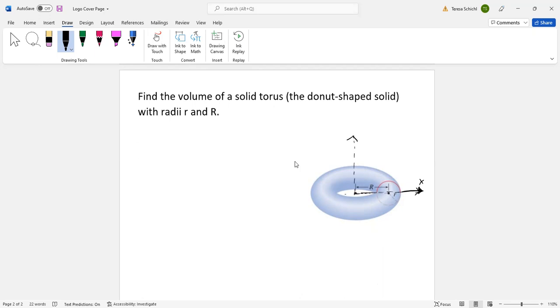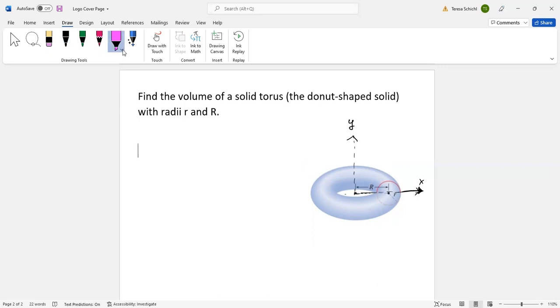Okay, so now you can see these circles, right? The solid was generated by rotating this circle around the y-axis. So if you're moving the circle's area around the y-axis, that's how you generate this solid.